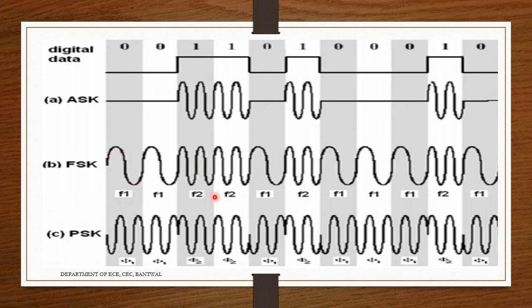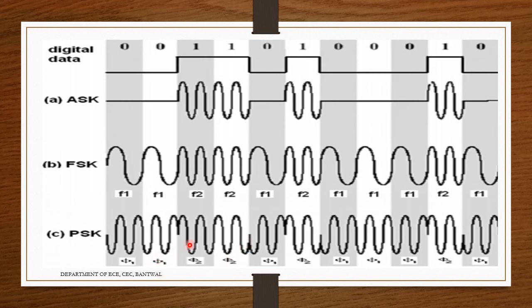So F2 is greater than F1. The higher frequency represents the bit 1 and the lower frequency represents the bit 0. Similarly it is carried out for low, high, low, low, low, high and low frequency. That is 0 0 1 1 0 1 0 0 0 1 0. So looking at this, I can say the above one.